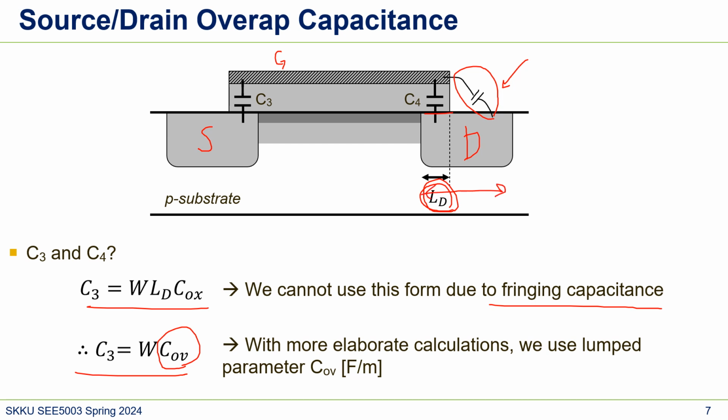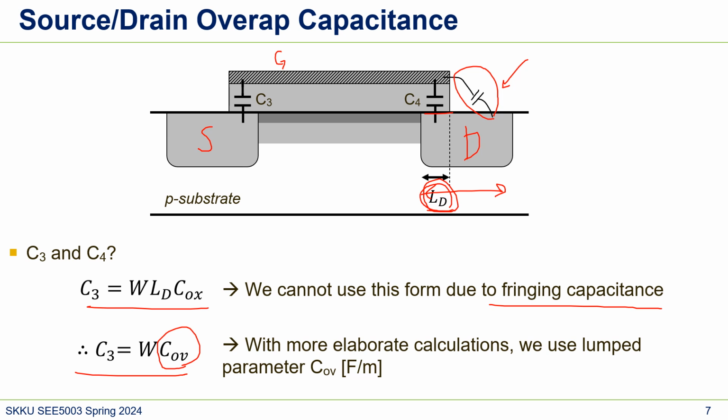If you make the overlap really long, what happens? We'll see a lot of capacitance, and usually we don't want capacitance because it will hinder high frequency operation. So this LD is usually technology dependent.